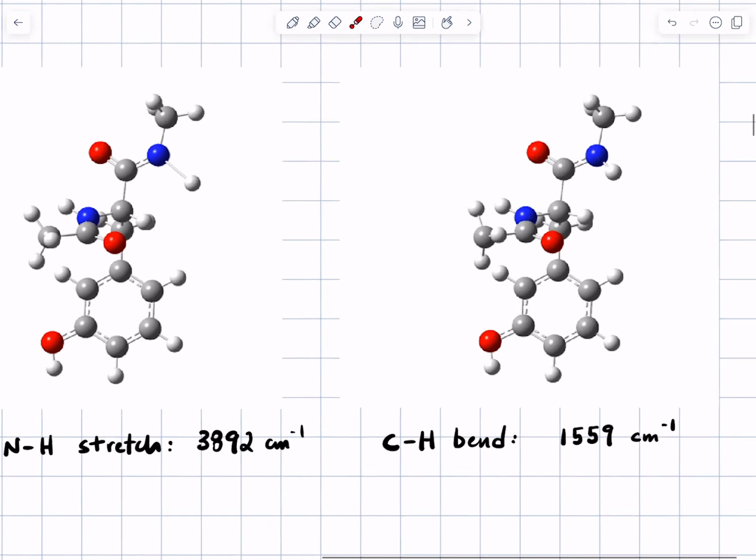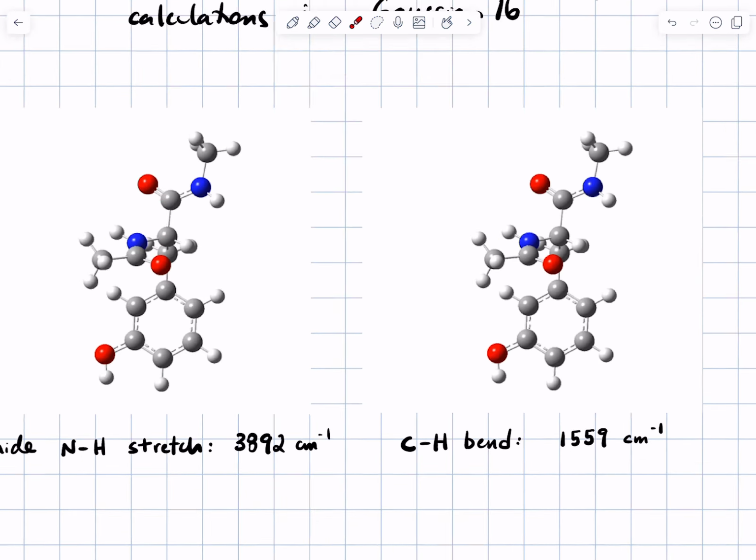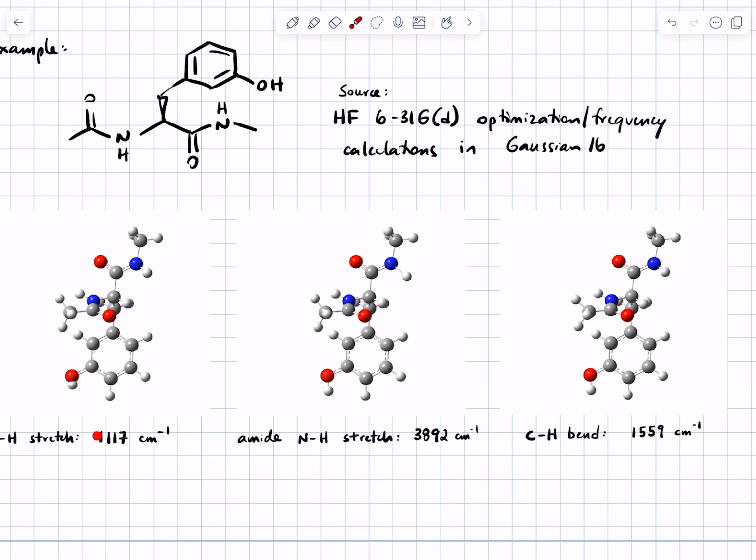Here's a CH bend. What I didn't show you here is a CH stretch, but it would have happened at about the same frequency as these OH and NH stretches. This illustrates the principle I told you earlier that bending is easier than stretching, so bending has a smaller force constant and therefore a smaller frequency.